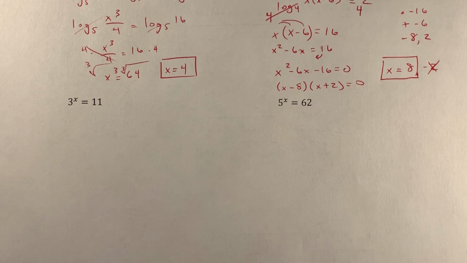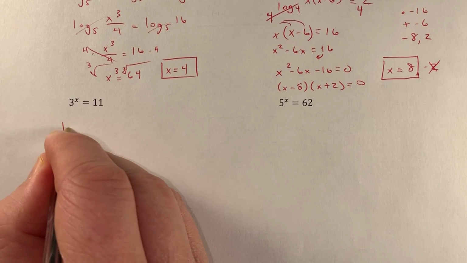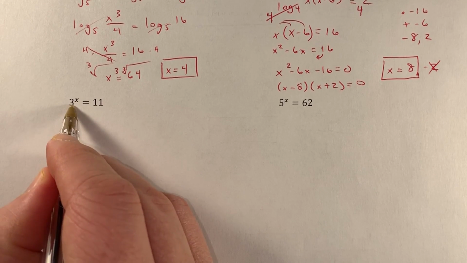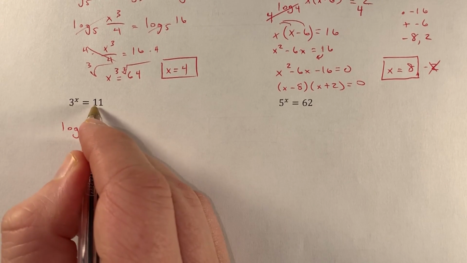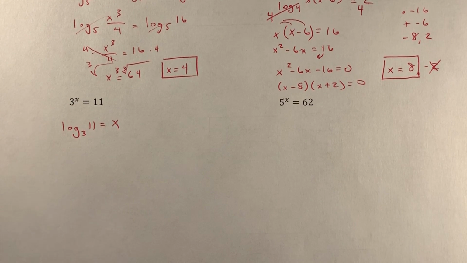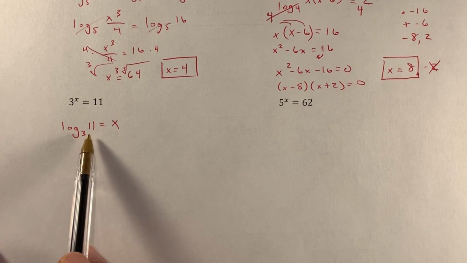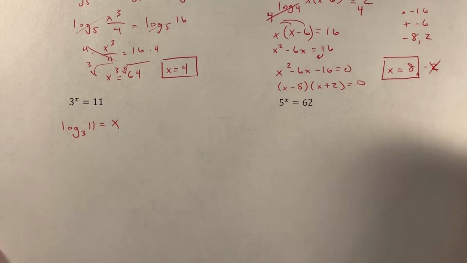Okay, then I have 3 to the x power equals 11. What I would do with this one is put it in log form. So I've got log, the base is 3, the argument is 11, the exponent is x. Okay, so log base 3 of 11 equals x. Now I can use that change of base formula.